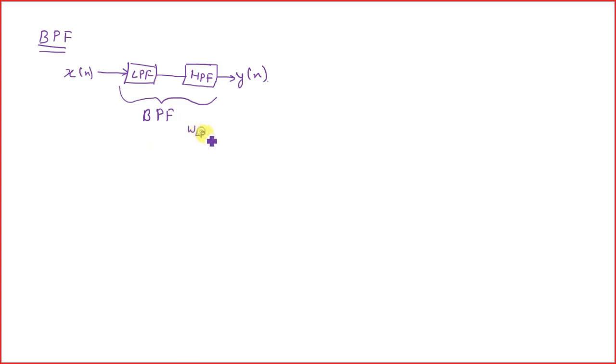of LPF should be greater than cutoff frequency of HPF. Why is this so? And these two blocks, they are interchangeable. So let's say low pass filter. I draw the low pass filter.